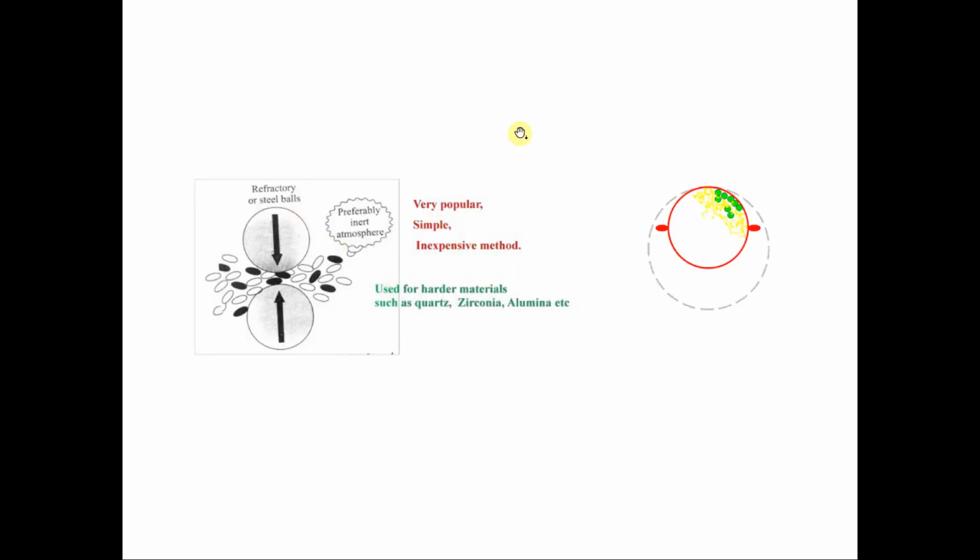You have something like this rotating here, the red one rotating, and the green circles which you are seeing are the grinding media, which are either tungsten carbide or steel. The yellow ones are the bulk material, and when it is rotating, the bulk material comes in between this grinding media and gets crushed into smaller size.